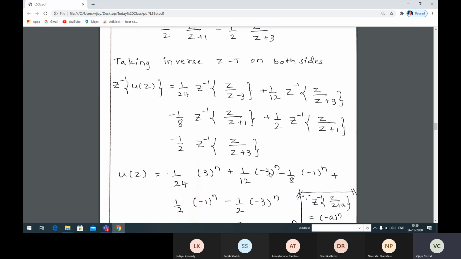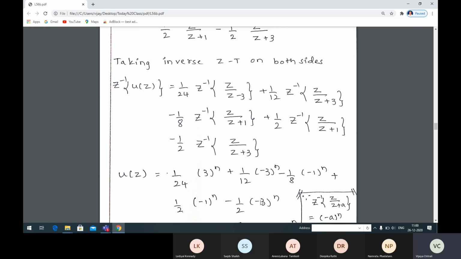So minus 3 raised to n, minus 1 by 8, and z divided by z plus 1 is there. In place of a we have 1, so minus 1 raised to n, plus 1 by 2. And here also in place of a we have 1, so minus 1 raised to n, minus 1 by 2.